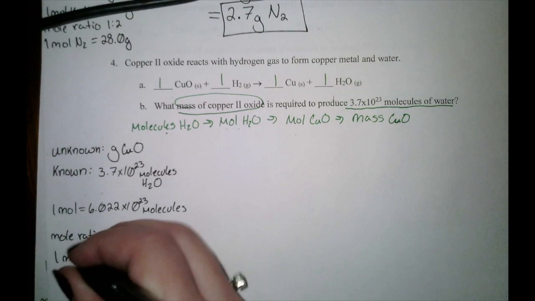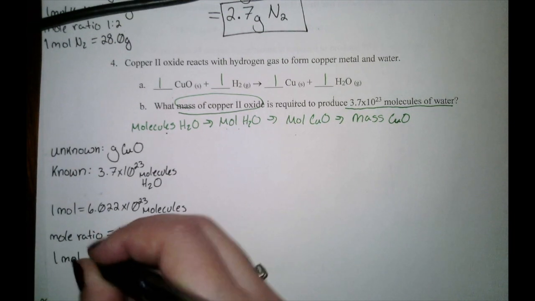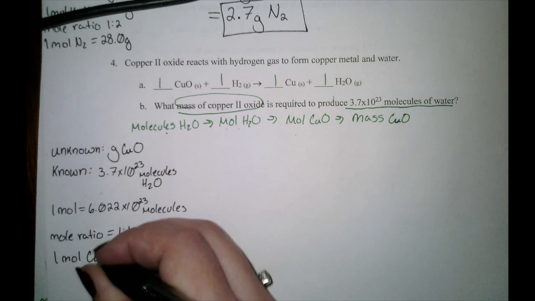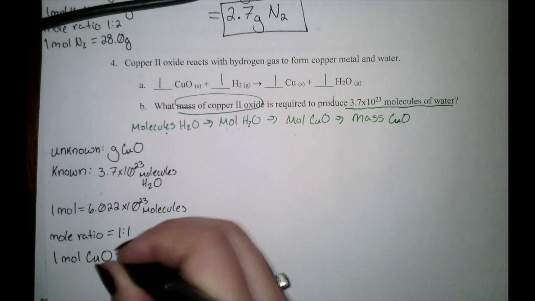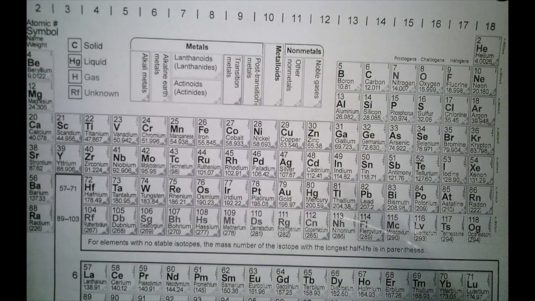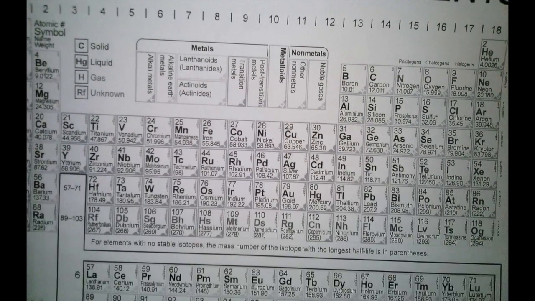So we need to figure out, using the periodic table, what mass in grams 1 mole of copper 2 oxide is equal to. Well, again, I'm just going to need to take the molar mass of copper and add it to the molar mass of oxygen. In this case, copper has a molar mass of about 63.5, and oxygen has a molar mass of about 16.